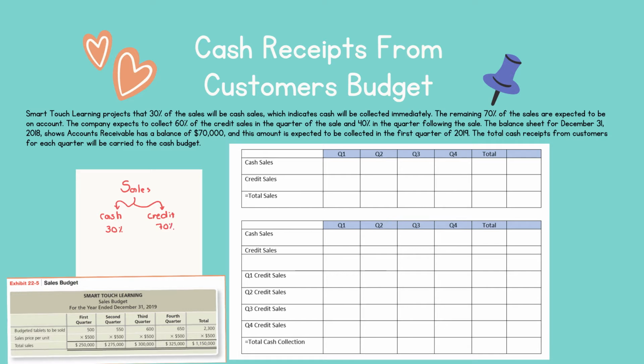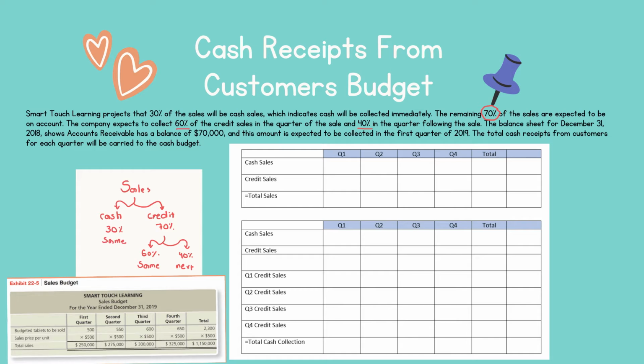Okay, now he divided the 70% into 60% will be collected in the same quarter and 40% in the following quarter. So here 60% in the same quarter and 40% next one. So cash sales will be collected immediately, so it's going to be in the same quarter.